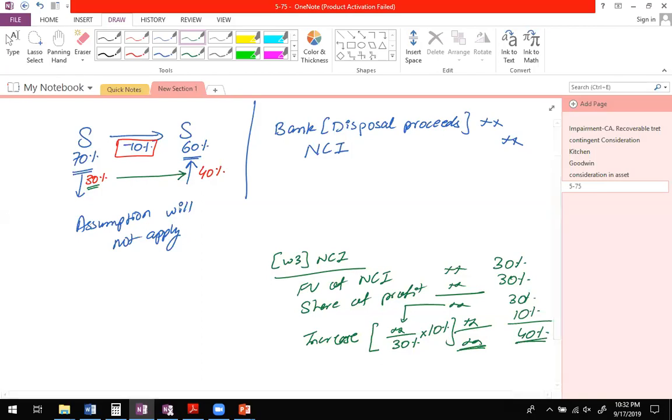Are you people getting the treatment? So we can say that we are going to credit the NCI by the amount of NCI divided by the NCI percentage, multiplied by the percentage that we have disposed of.